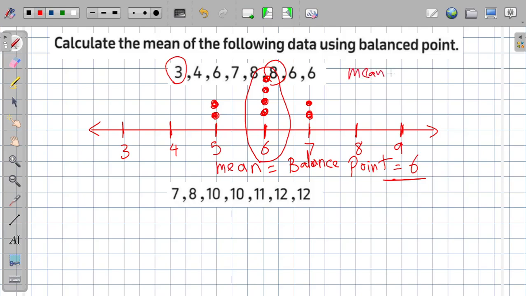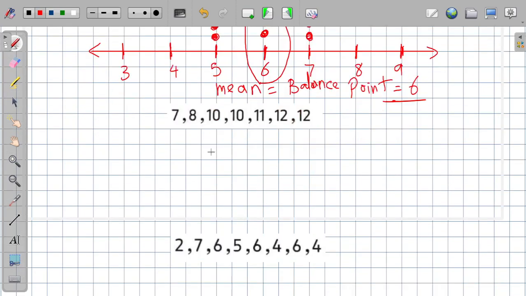Okay, let's try another one. I have 7, 8, 10, 10, 11, 12, 12. First let's draw our number line. So I have 7 to 12. I have 7, 8, 9, 10, 11, and 12.